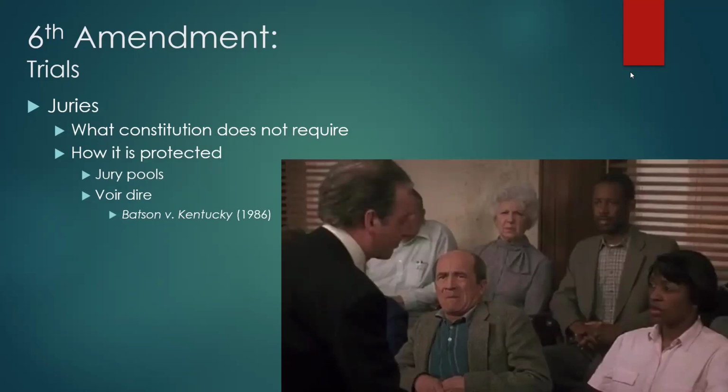You don't have to state cause for it. However, you cannot use a peremptory strike in a racially discriminatory fashion, and that's the holding of the Batson versus Kentucky case I asked you to look at. When an attorney uses the voir dire process in a discriminatory fashion, the defendant may assert a Batson challenge.